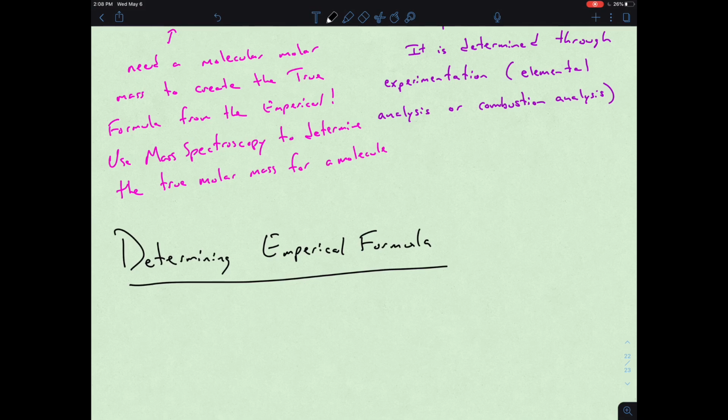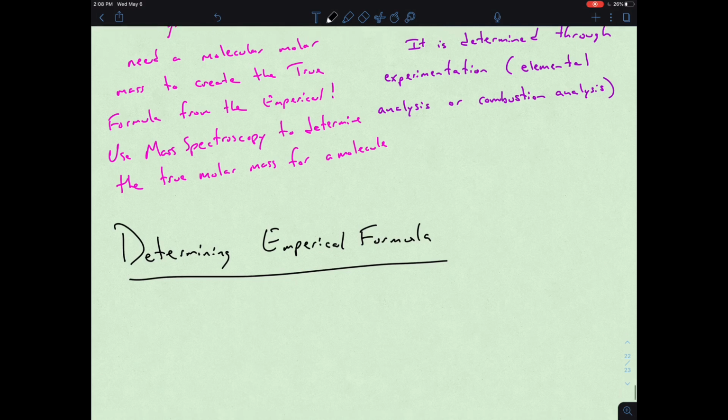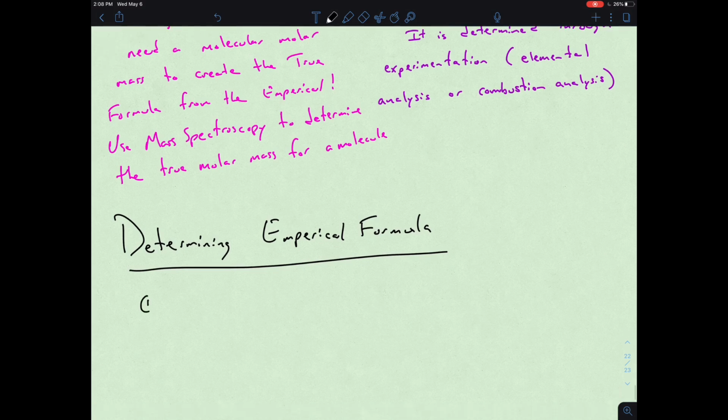As far as determining empirical formula, we have a couple of different ways to determine that. One would be based off mass of elements in the molecule.